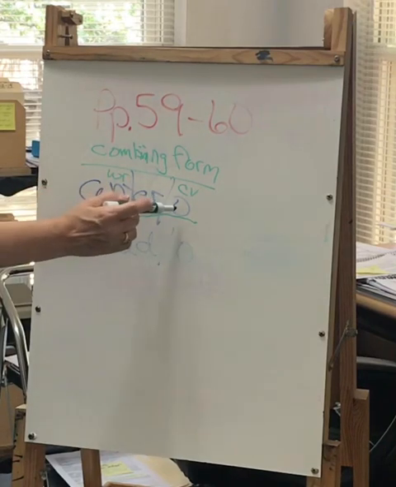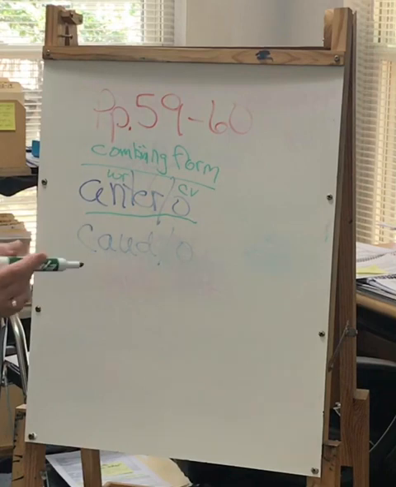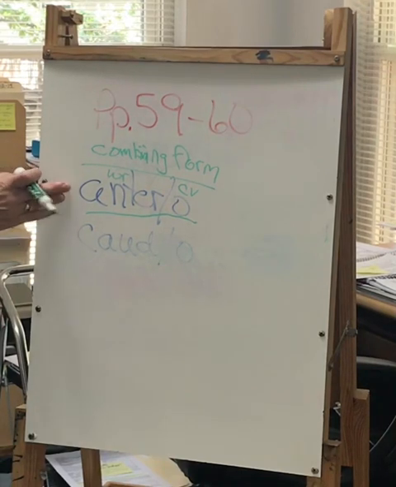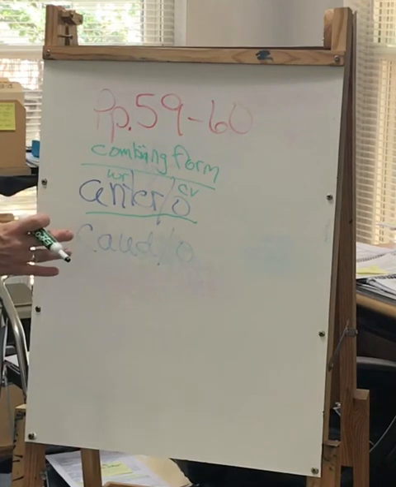You don't always have to use this combining vowel though. And I'm going to show you that in a second when we turn the page. But I just want to make sure that you understand how they are given to you, because they're going to give it to you this way in every single chapter. They're going to introduce the terms. They're going to call the word root and the combining vowel a combining form. And then they're going to give you the definition.